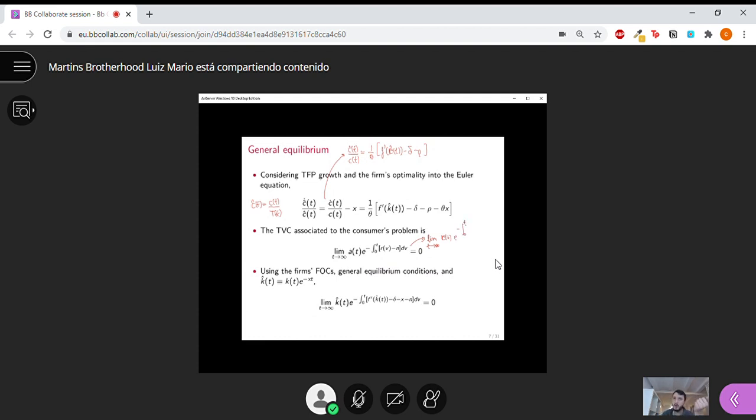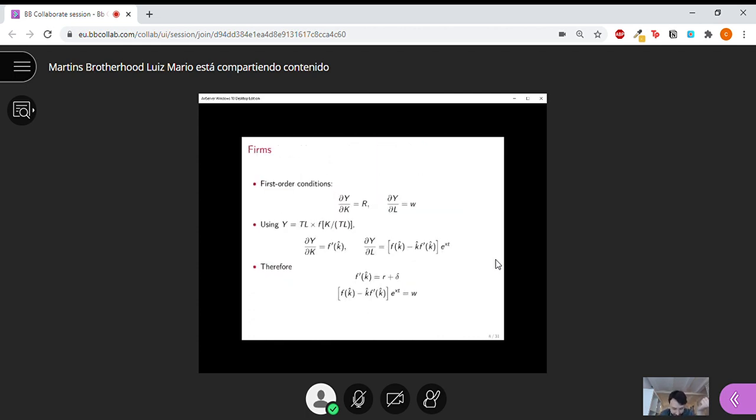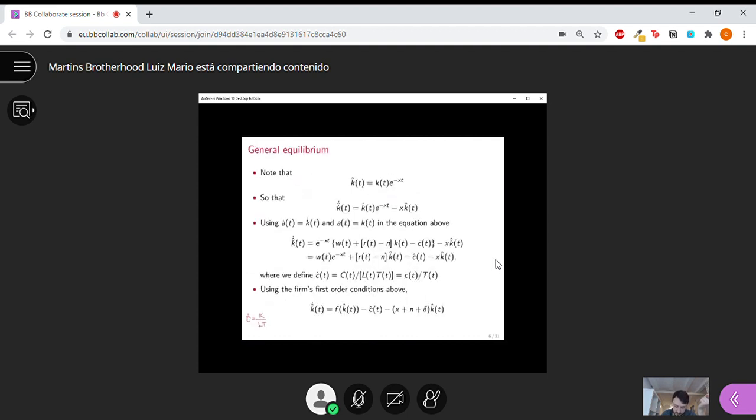Remember that small r is marginal productivity minus delta in k hat. So small r is f prime of k hat minus delta. We can put it here.